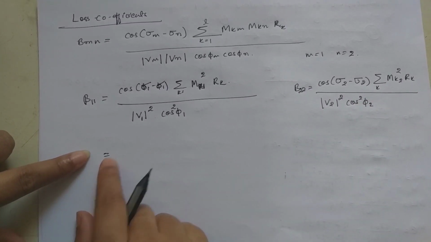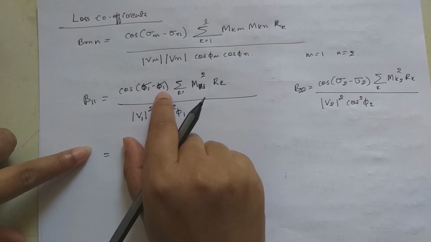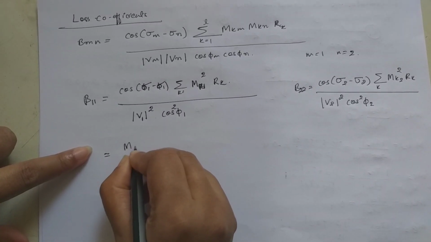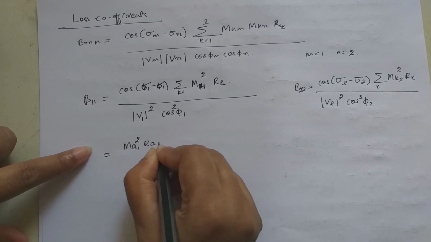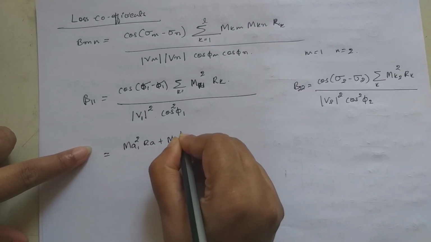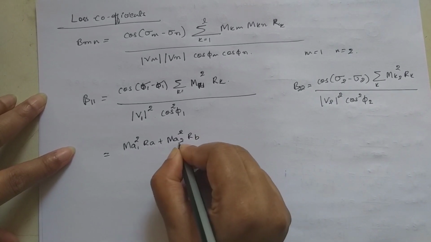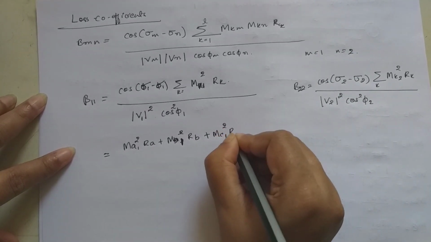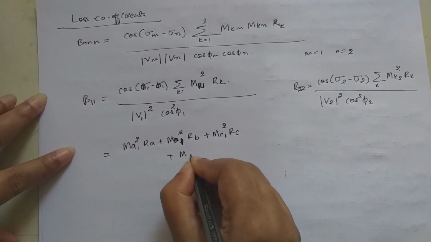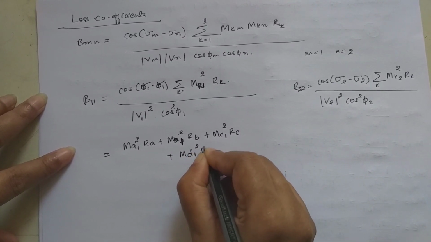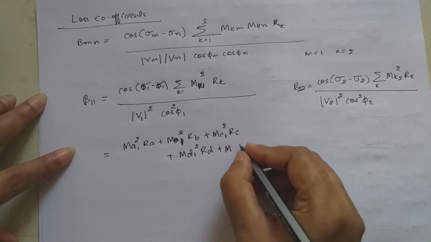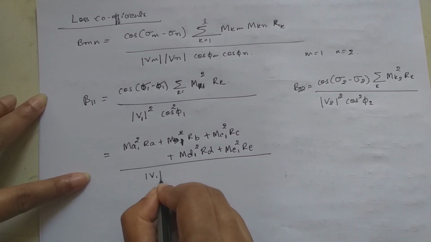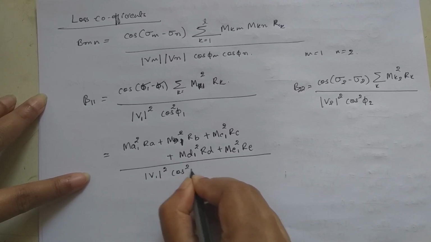So expanding, cos(sigma 1 minus sigma 1) is cos 0, which is equal to 1, into MA1 square RA plus MB1 square RB plus MC1 square RC plus MD1 square RD plus ME1 square RE, whole divided by V1 square cos square phi 1.